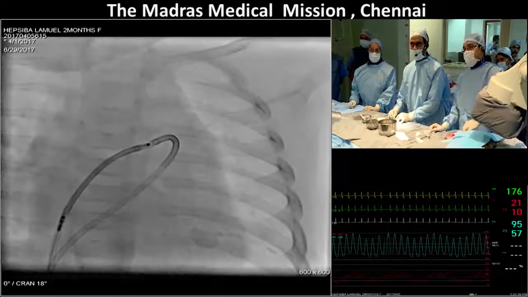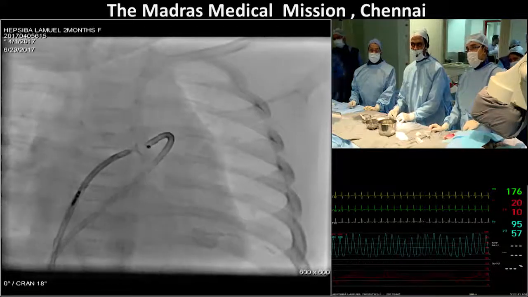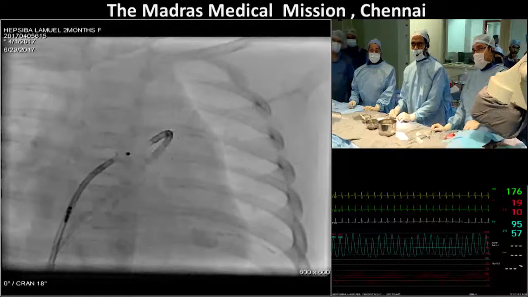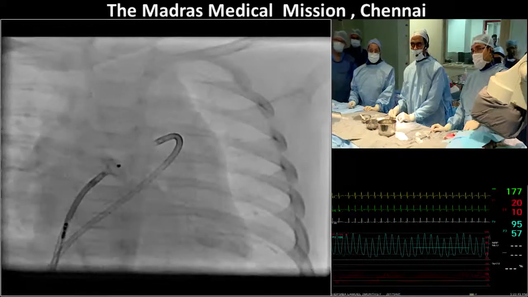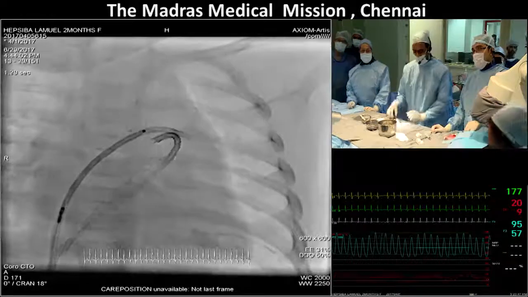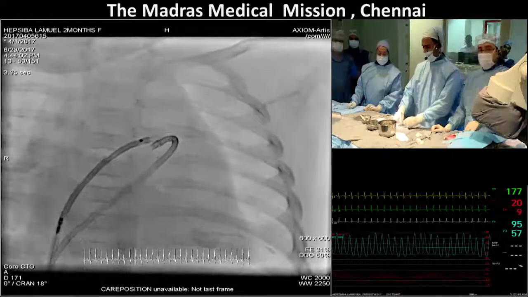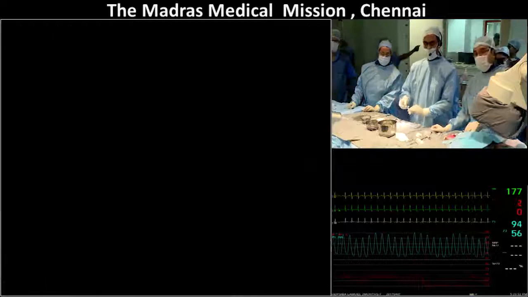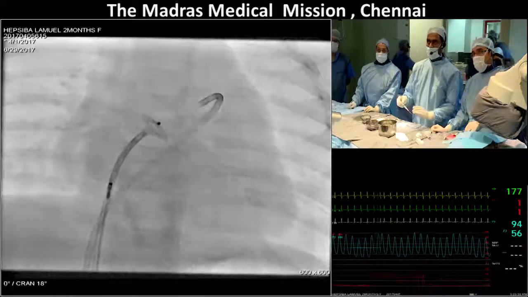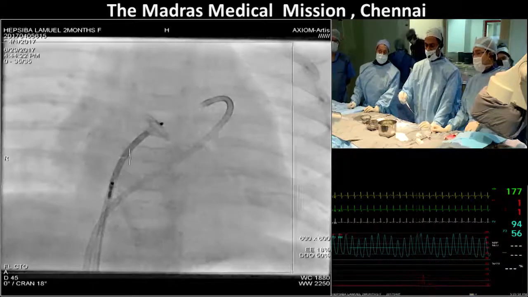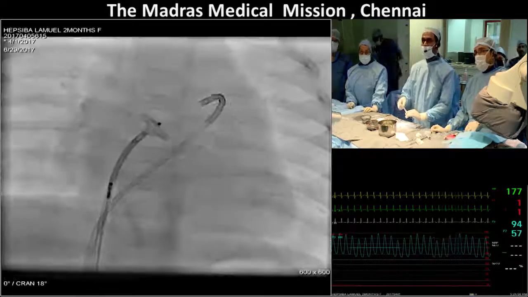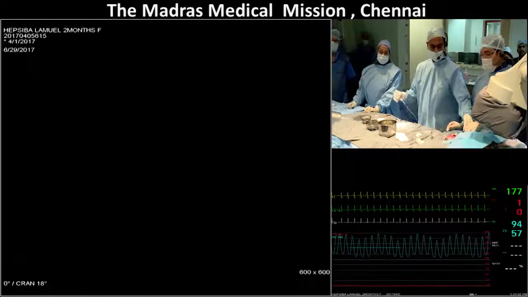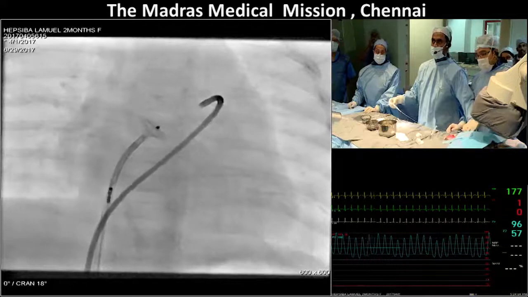Thanks a lot. So right now our intention is to open up the disc in the pulmonary artery, and we are going to make a small check angiogram through the pulmonary artery. Unfortunately, the catheter is directed the other way.